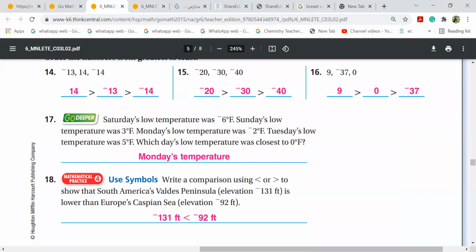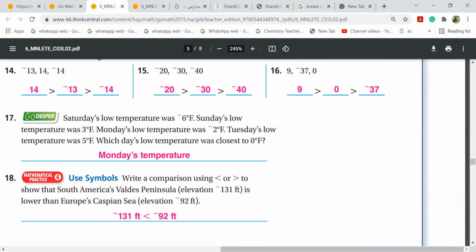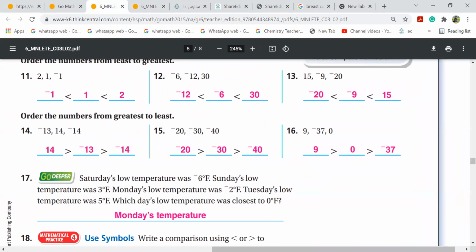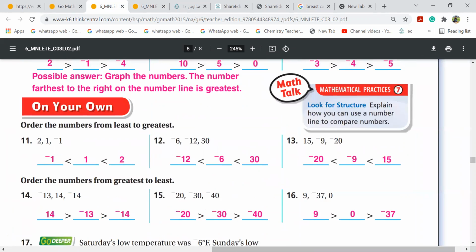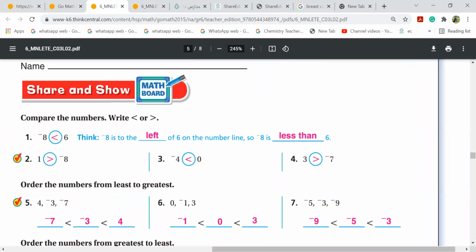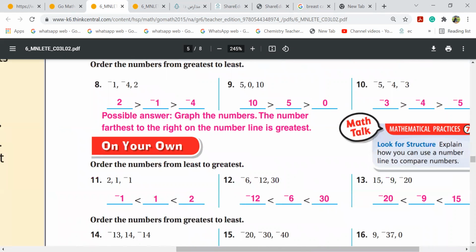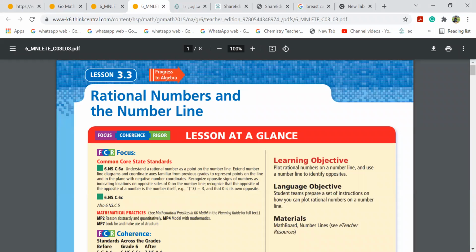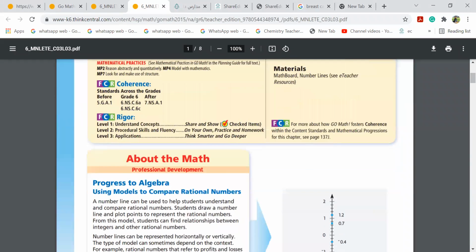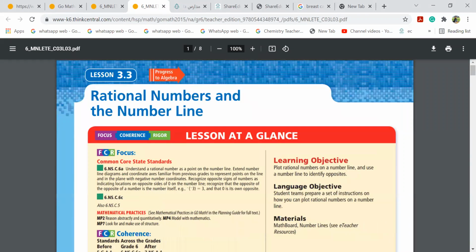Really? 147? Oh, yes, this page. We did it, I'm sure. Miss, I did 147. Me too. Okay, it was just a review.